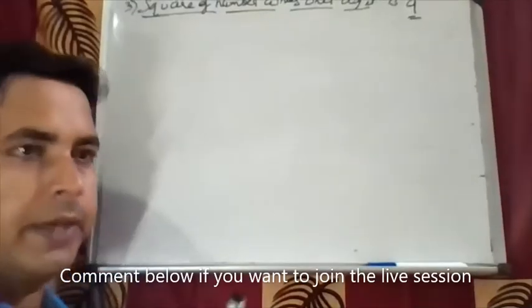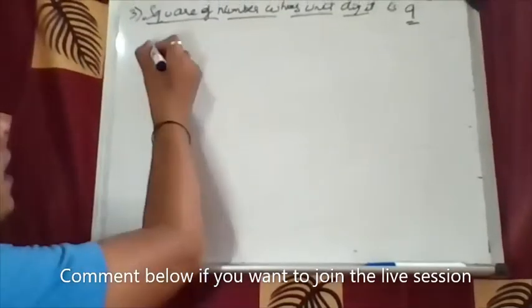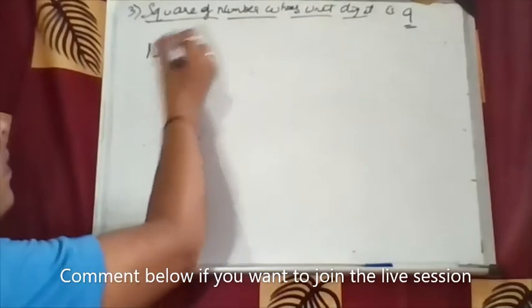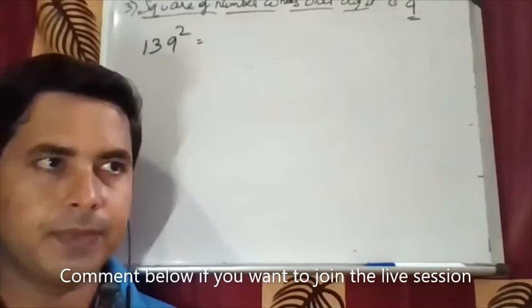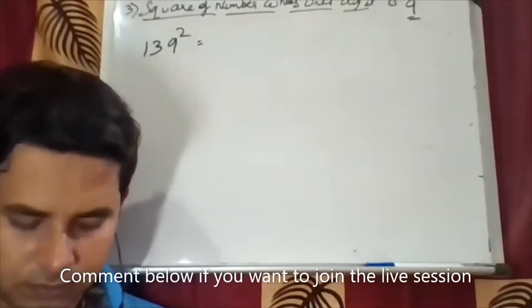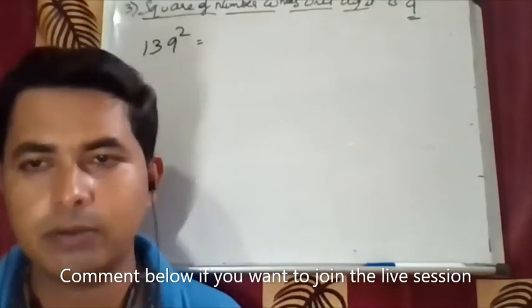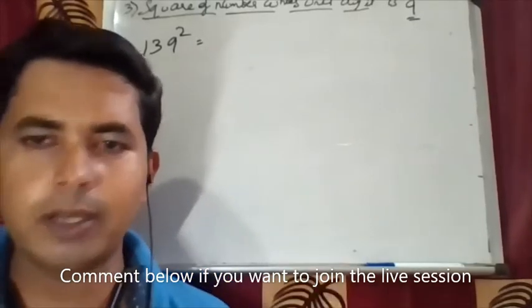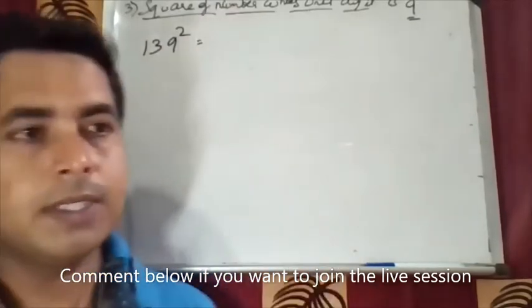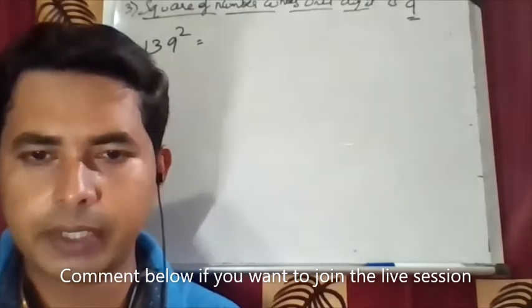Now just a second, I'll give 139 square. What will be the value of 139 square? The nearest number to 139 is 140. So add 139 and 140, and subtract from 140 square.